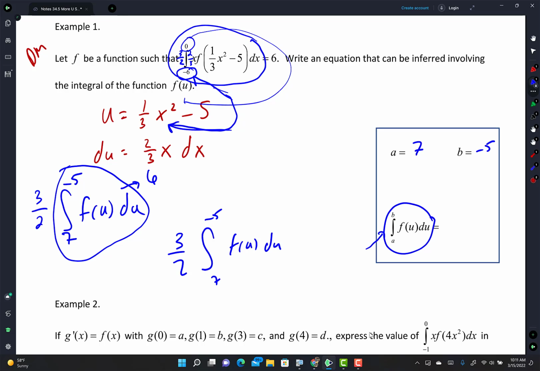How do I get this integral by itself? I gotta multiply by 2/3, but I need to make an expression first. So it's like 6 equals 3/2. Oh yeah, there we go. That whole thing equals 6. There we go. Now we got an equation. Now it's correct. So now, how do I get rid of that 3/2 there?